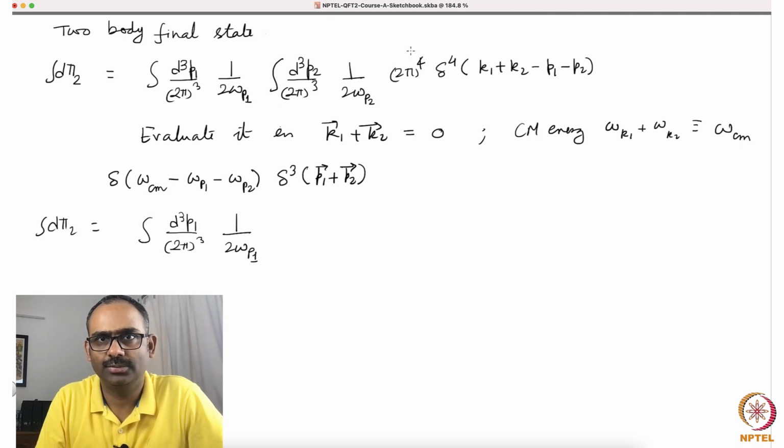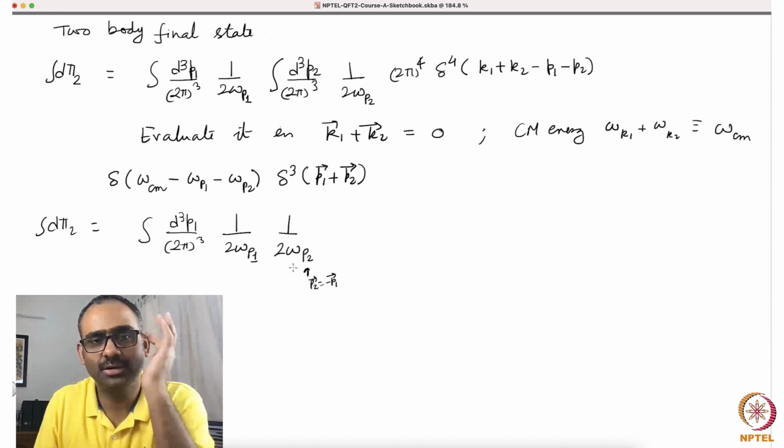So 2 pi cube will kill this 2 pi and leave only one factor of 2 pi from here, and you will have 1 over 2 omega p2. But here in this p2 you should use p2 equal to minus p1.